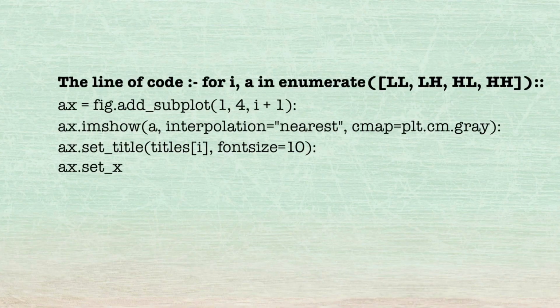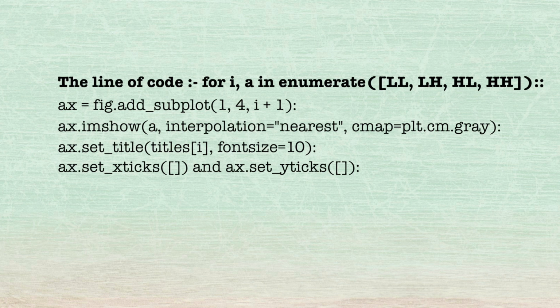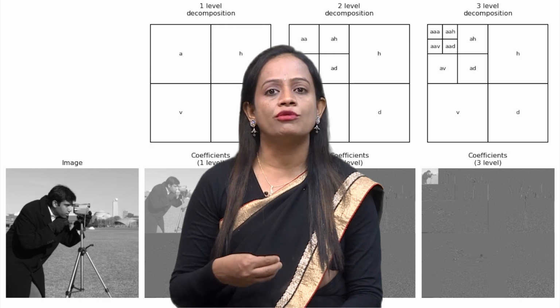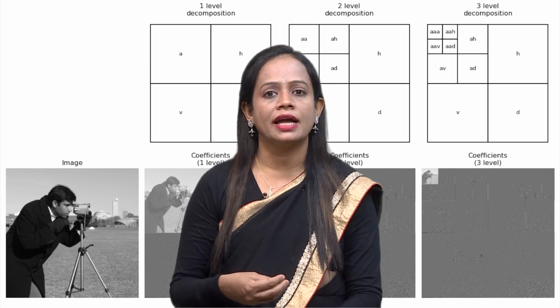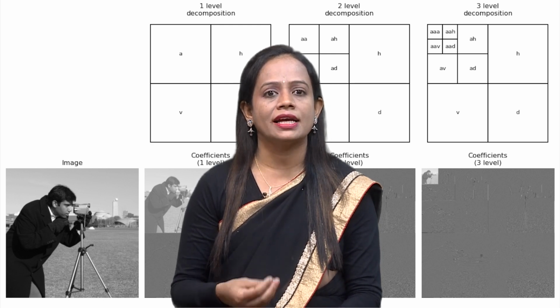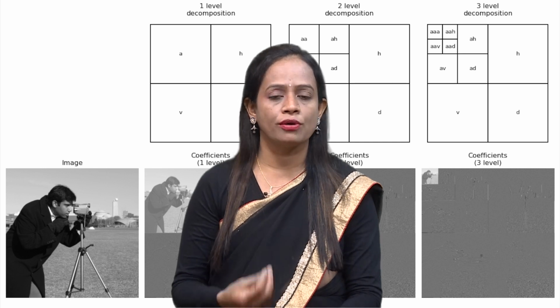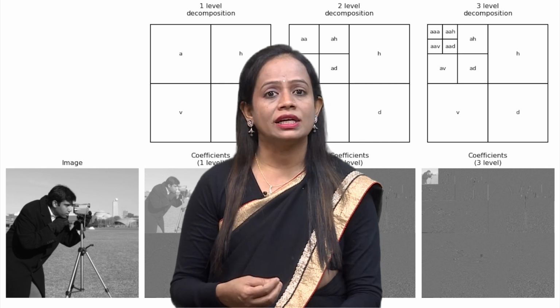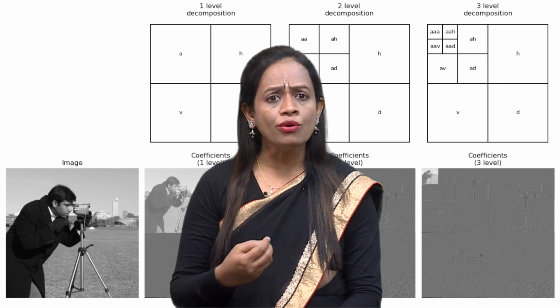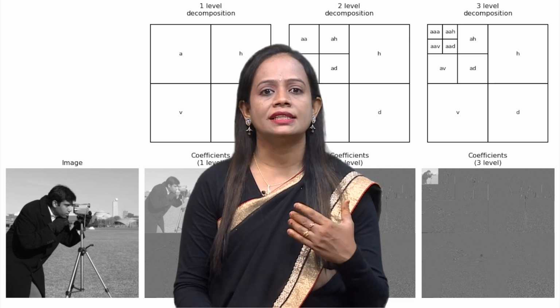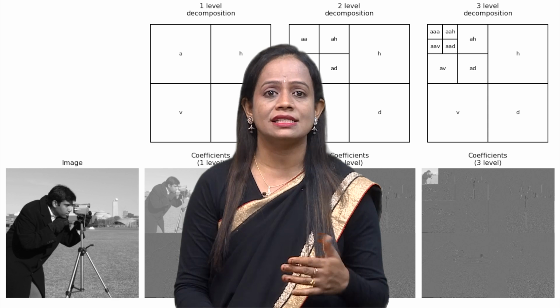Then ax.set_xticks and ax.set_yticks. These lines remove the tick marks on the x-axis and y-axis of each subplot, making the subplot cleaner and more suitable for displaying the images without axis markings.